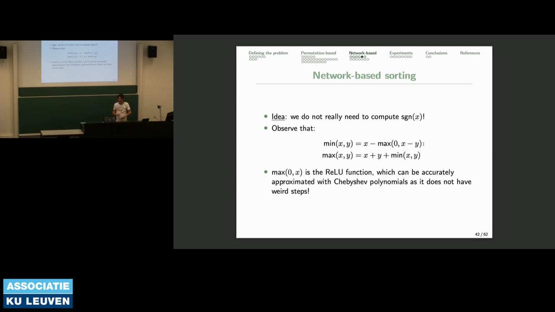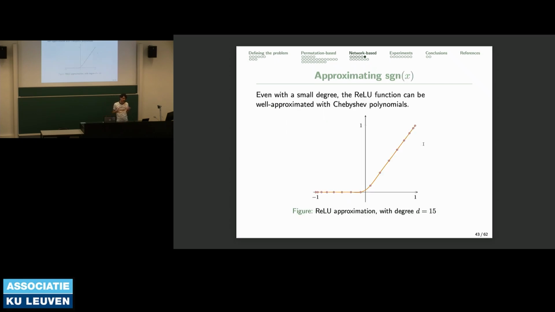So instead of approximating signum, which has this step, this jump, we can approximate the ReLU function. If we just plug the ReLU function into Chebyshev polynomials, even at low degrees, we can approximate it pretty easily, which means that we are winning a lot of multiplicative levels because we are not approximating signum, but simply this function.